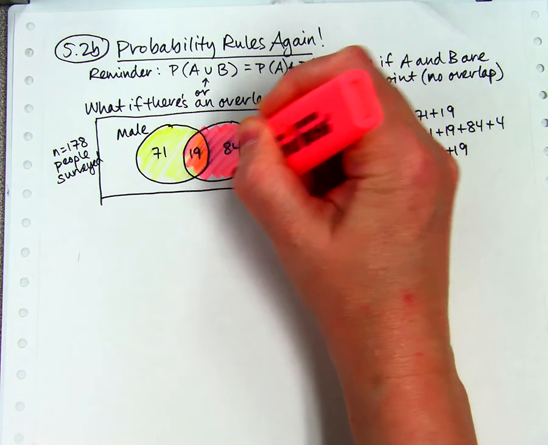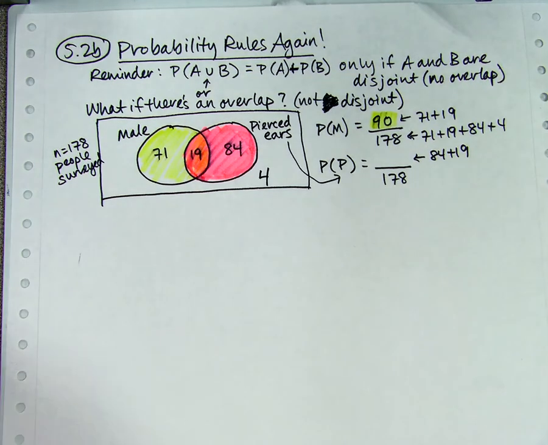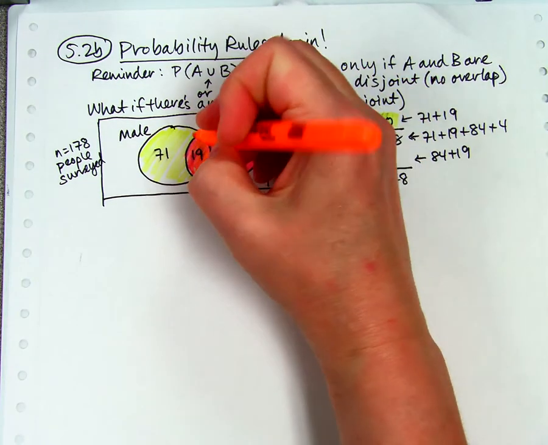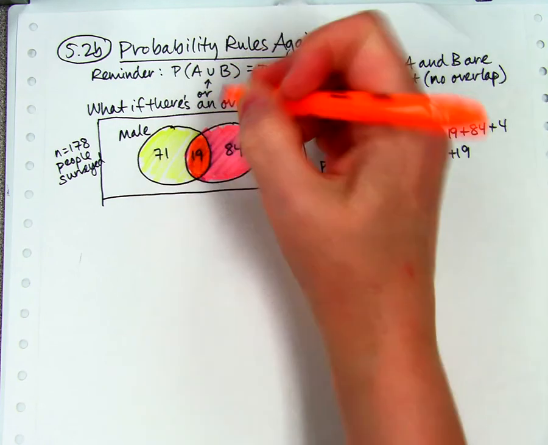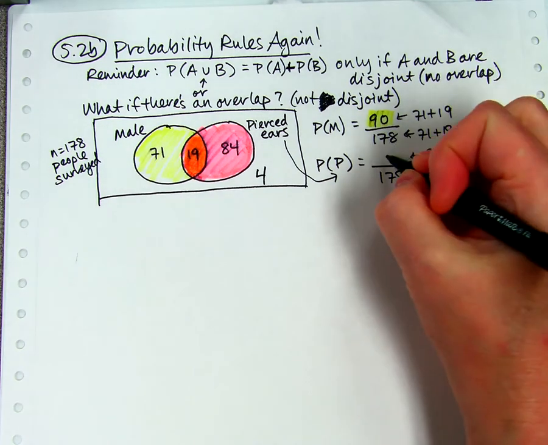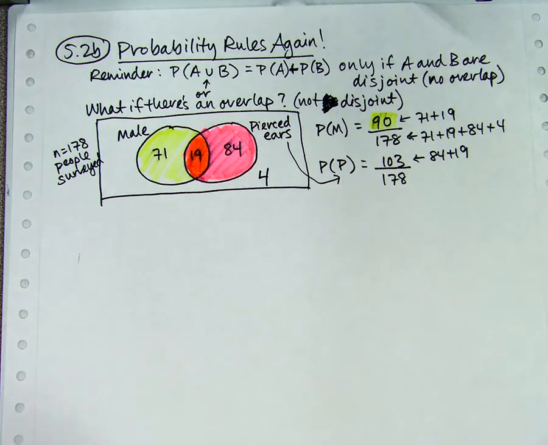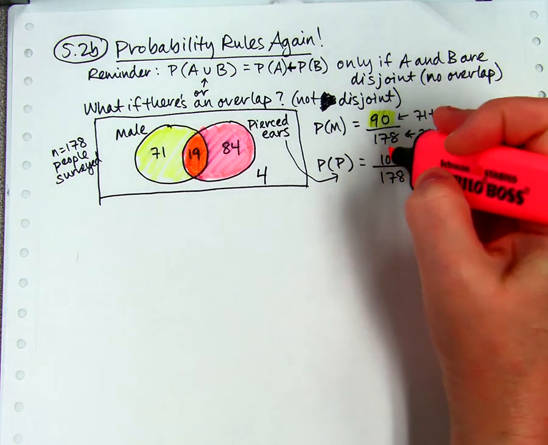I don't know if that pink is too strong. The 19 still looks a little bit yellow, so let's make that more obvious by shading it with orange. That both section in the middle is important, so I'm making it orange. And the 84 plus 19 comes out to 103, and that's how many people out of 178 had pierced ears.